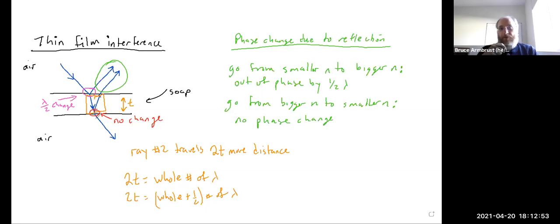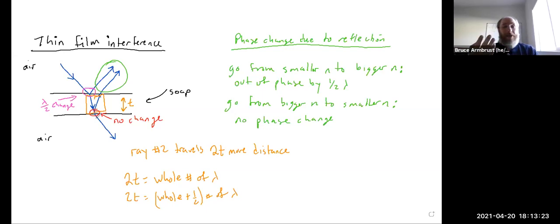The first formula is where they both go through a half of a wavelength shift because of reflection. And then we're going to have constructive and destructive in there. And then the other one is where only one of them goes through the phase change, and then you're going to have destructive and constructive.